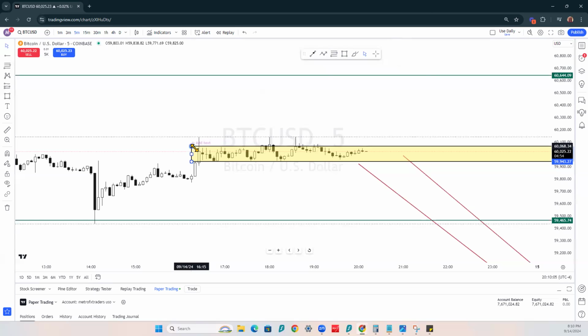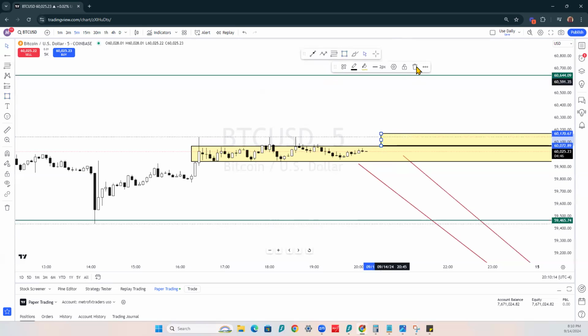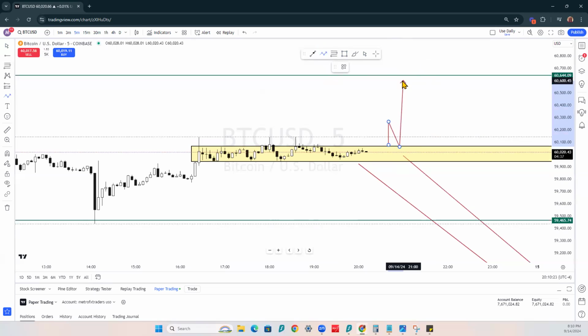So adjust it real quick. Right? Consolidation will end when what? It breaks this area. Goes up. It's the consolidation level. It goes up. Bounces off the consolidation level and goes up.